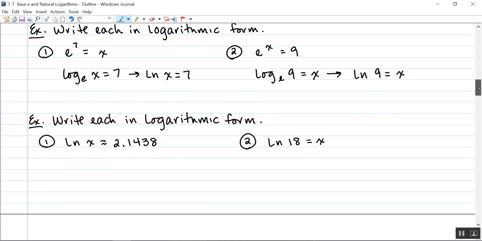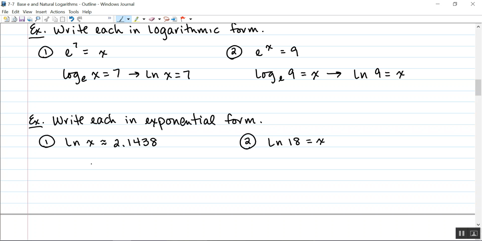Let's take a look at these two here. Write each of these in exponential form. Oh wait, I wrote that wrong. Sorry about that. That shouldn't be logarithmic. That should be exponential form, because they're already in logarithmic form. Okay, natural log of x is approximately equal to 2.1438.